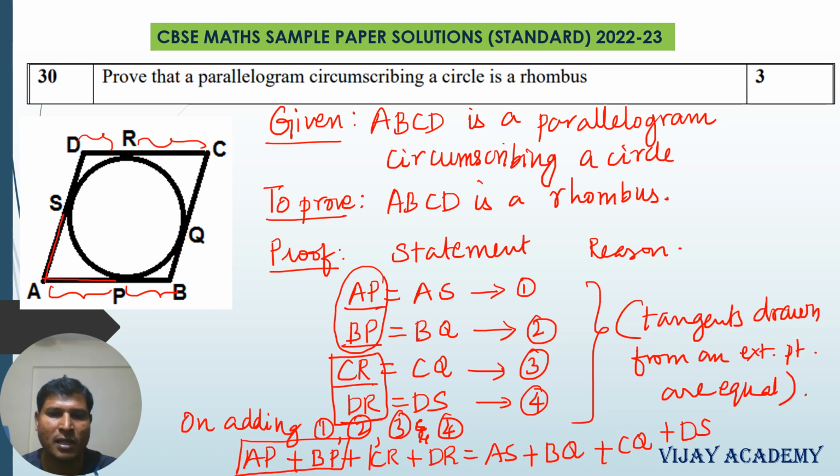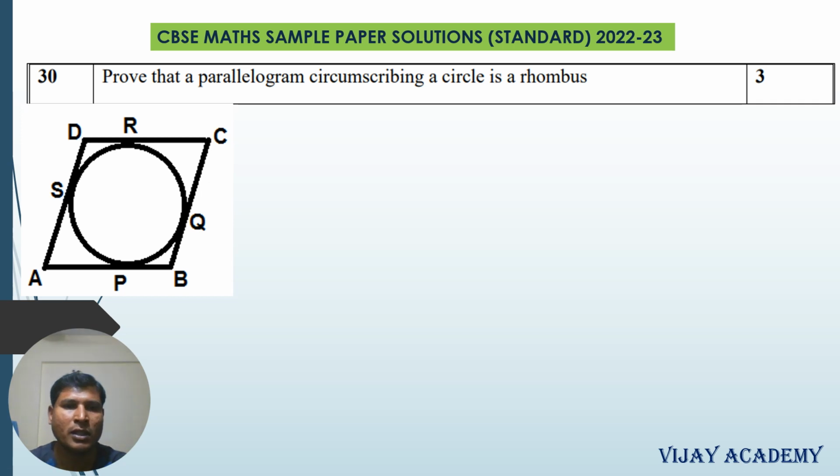Similarly, CR plus DR we can write as CD, and AS and DS together we can write as AD. Then BQ and CQ together we can write as BC. So here we can write AB plus CD equals AD plus BC.